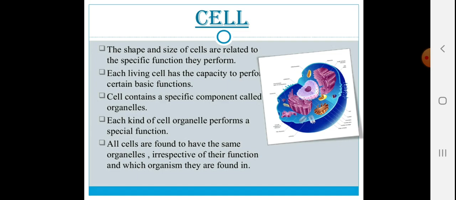Cells contain specific components called organelles. Each kind of cell organelle performs a special function. So within a cell, each organelle is assigned a special task. All cells are found to have the same organelles irrespective of their functions and which organism they are found in.